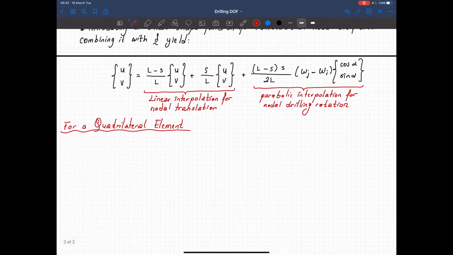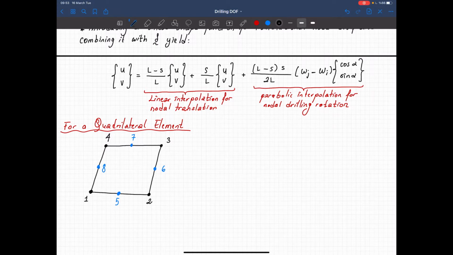I will just write it as follows. So this is the element that I have. This is node 1, node 2, node 3 and node 4. And I will name the mid-edge nodes as follows: node 5, node 6, node 7 and node 8.